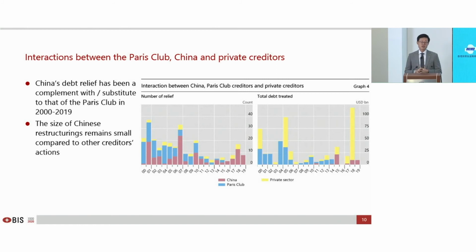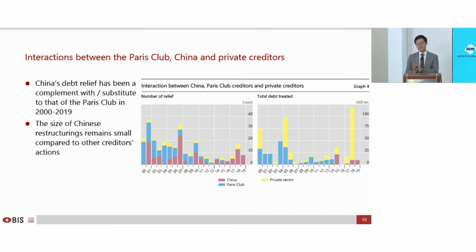This is because the Paris Club was still finishing the program with the World Bank and the IMF, the so-called HIPC initiative, to treat debts in highly indebted poor countries. And there, China probably provided debt relief together with other official creditors.